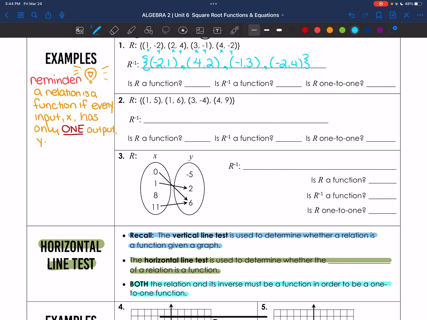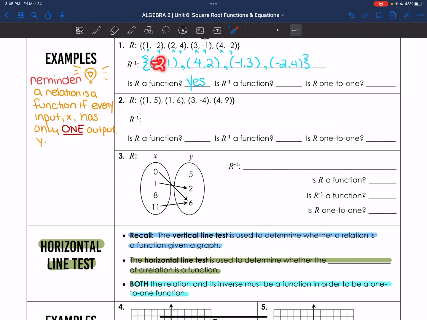No, it's not. Then I'm focusing here on 2. Is 2 ever used again? No, it's not. Each of these x's is unique and different, and therefore has a different output. So is the original a function? Yes. Now let's check on our inverse.